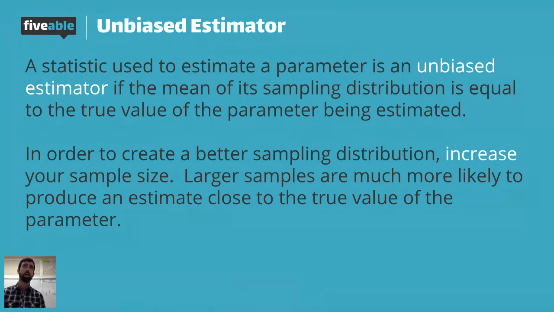If I'm trying to get the true average height of a Skyline student, which is where I teach, and I sample 5 kids, it's possible I could get 5 really tall kids, versus if I sample 20, it's very unlikely that I'll get 20 tall kids because my sample size has increased. So increasing your sample size gives you a much better predictor of the true parameter.